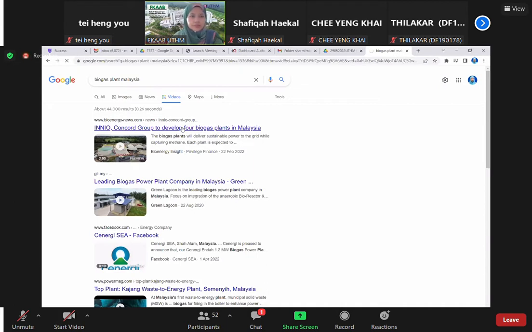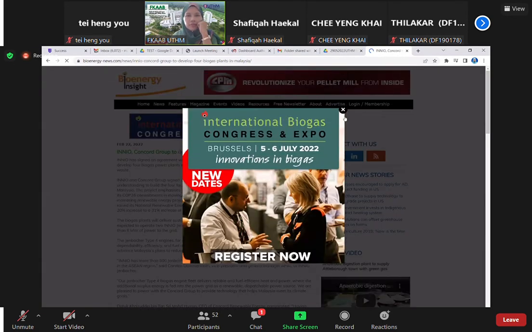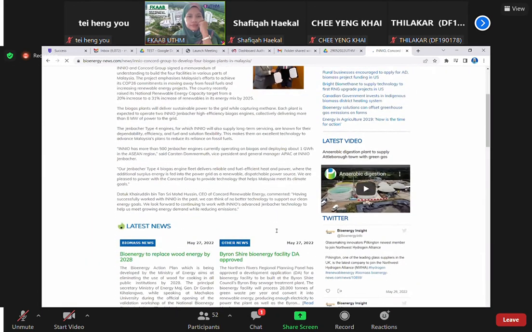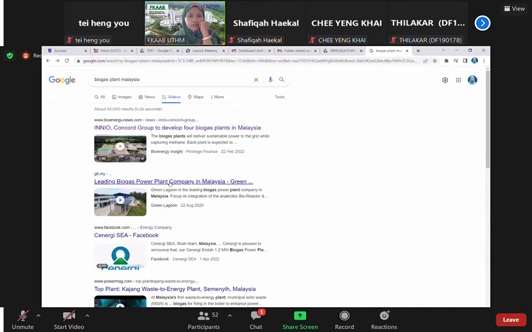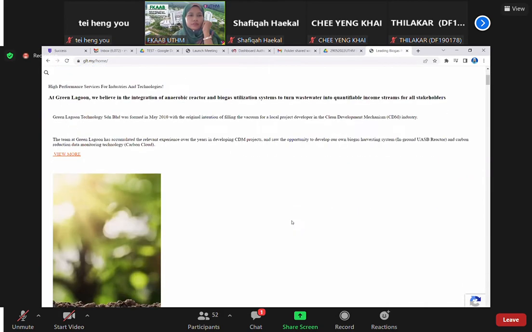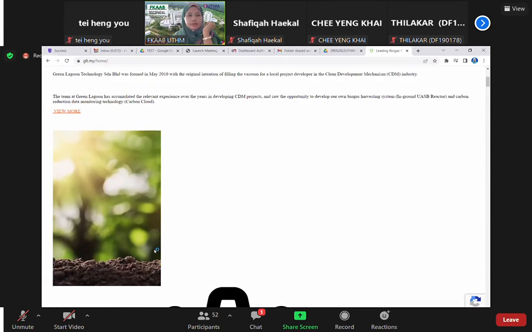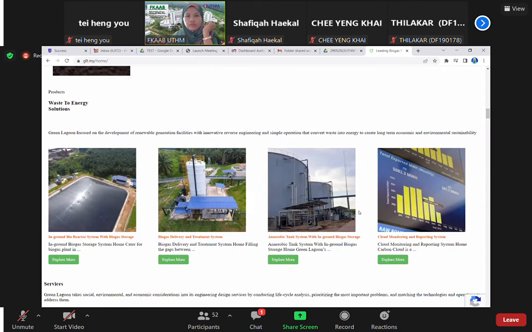Ni for example is we have biogas in Malaysia. Ini Green Lagoon. So ada anaerobic bioreactor from the wastewater, here in Malaysia. So macam ni dah besar-besar lah in Malaysia, not for the small scale.